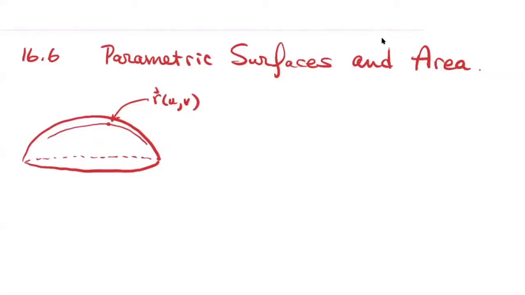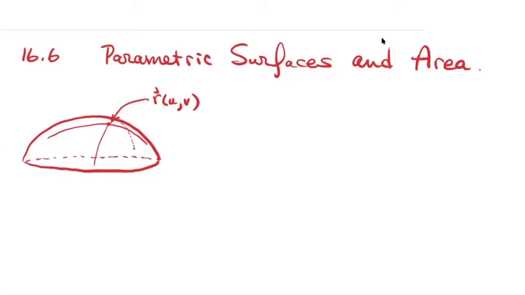Okay, so that's where one variable like v is fixed, allowing u to vary. And then if we do the opposite and make u fixed, then you could get a different curve, maybe like this, going down the backside.